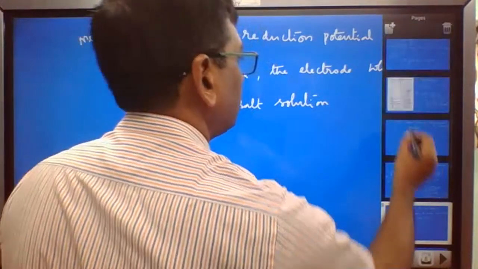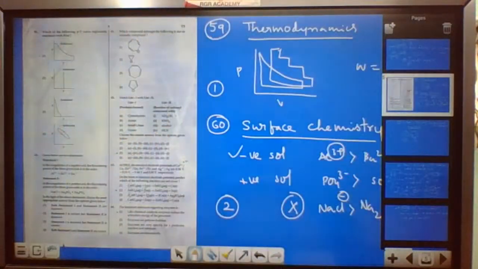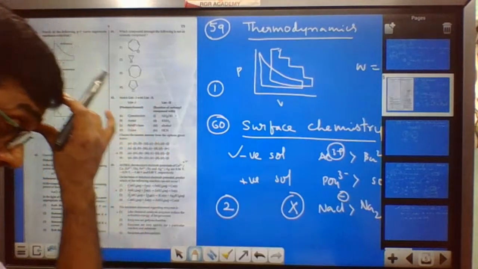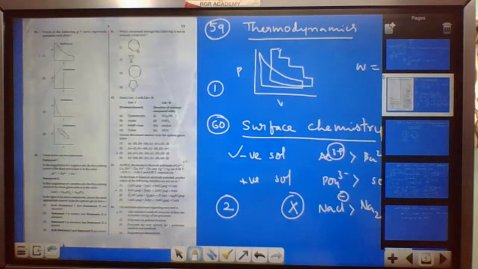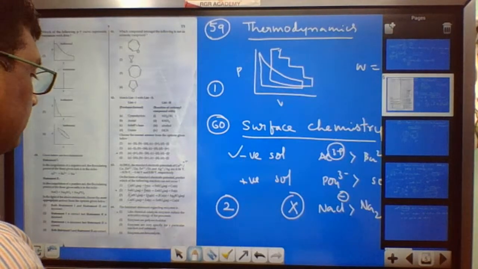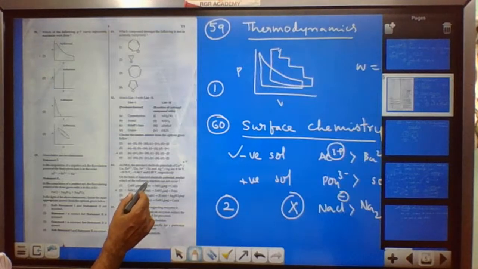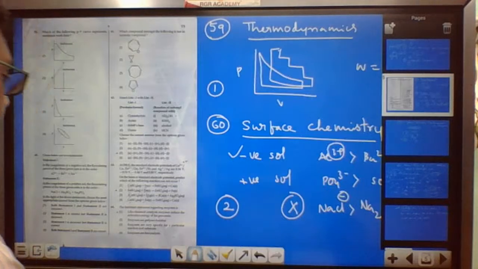Let us go to the question. Highest is silver; its reduction potential is more. Lowest is zinc. After that we can see iron. Iron and zinc can displace copper and silver. In the first reaction, iron displaces the copper, correct?